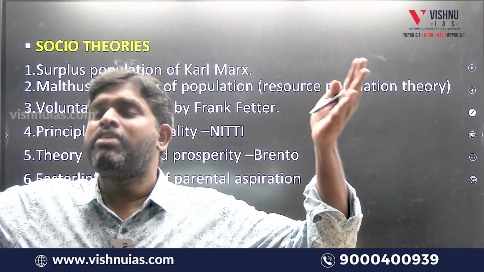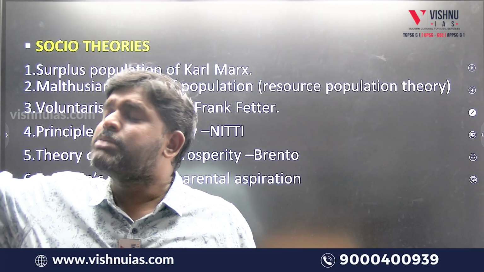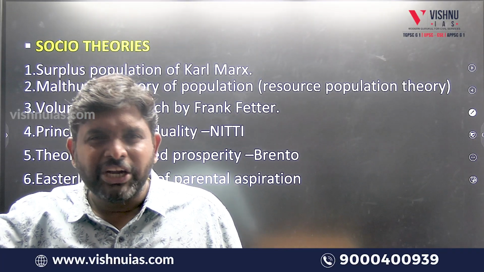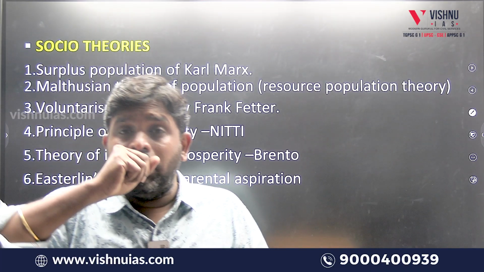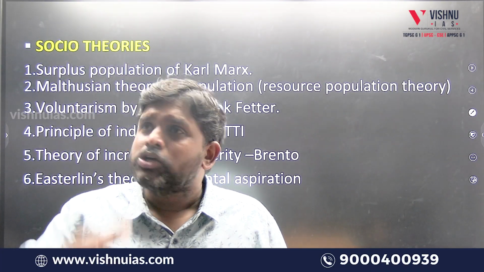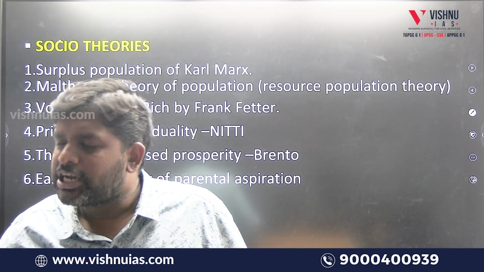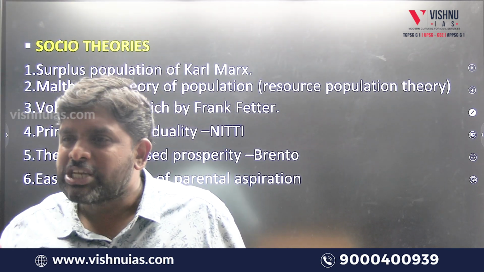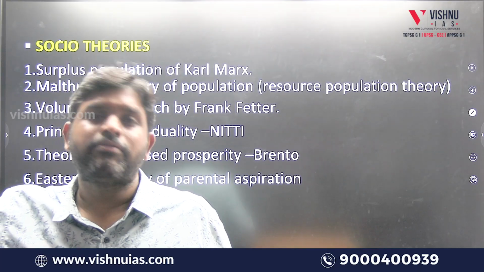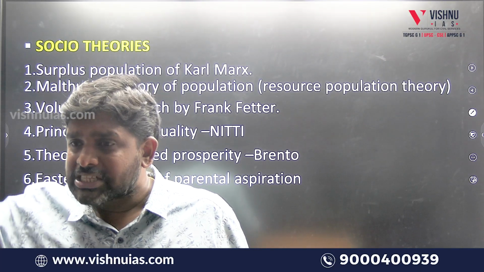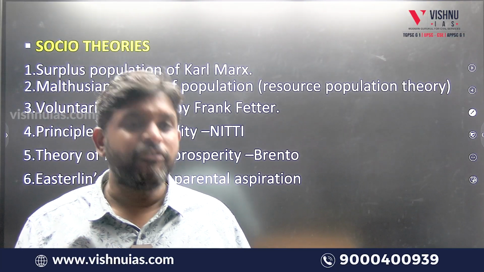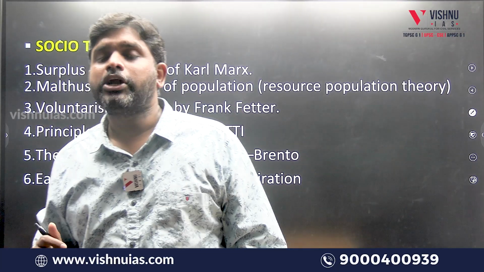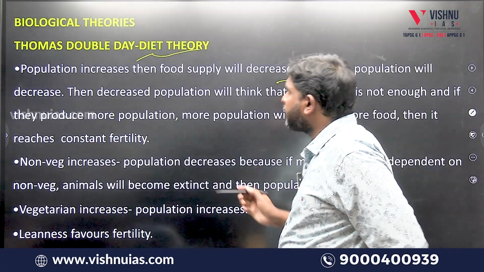Again, this increased population will not have sufficient food, and they will die. So population growth, population reduction, population growth, population reduction, like a sinusoidal wave, which means the population is constant. This is stabilization of population according to Thomas Doubleday.